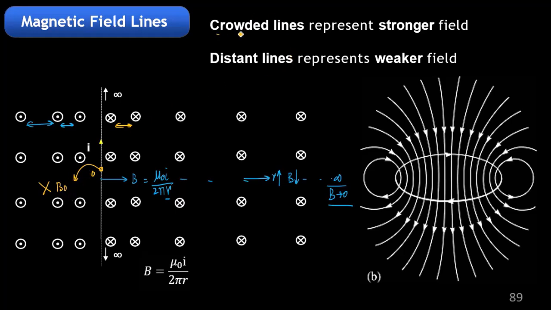Crowded lines, where the density of the lines is more, represent a stronger field. When the lines are distant, they represent a weaker field. The more the crowding, the more is the magnetic field density. The less the crowding, the less is the field density.